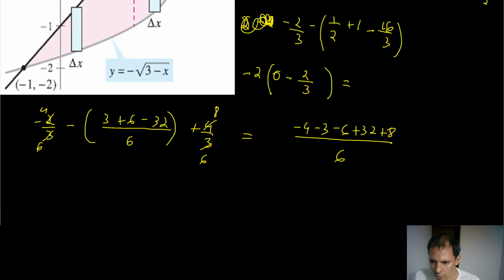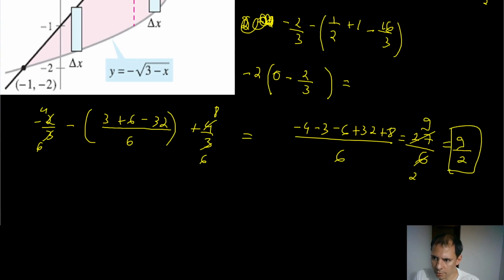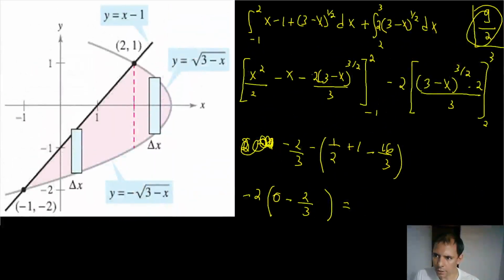Okay, so this is going to be 40. 40 minus 6, 34. 34 minus 3, 31. 31 minus 4, 27. So this is 27 over 6. And simplifying, dividing everything by 3, you got a 2 here and a 9 here. So it's 9 halves. Remember, 9 halves in here, and you got a 9 halves in here.